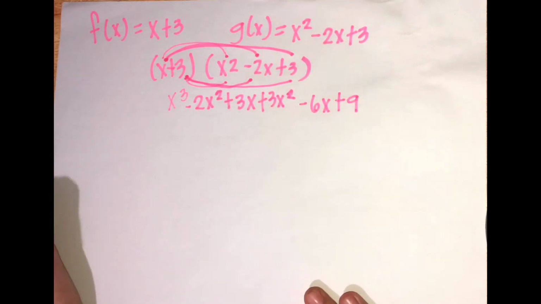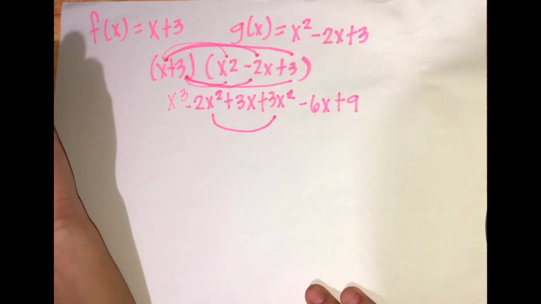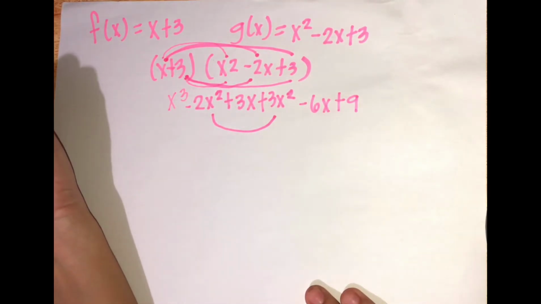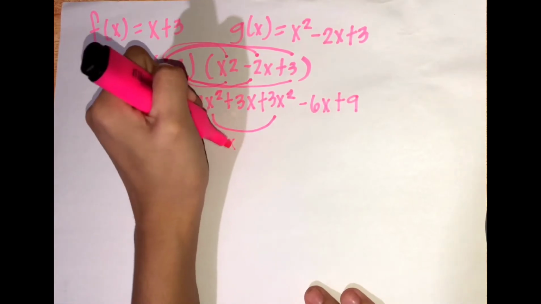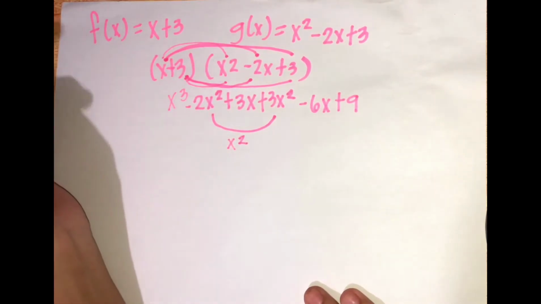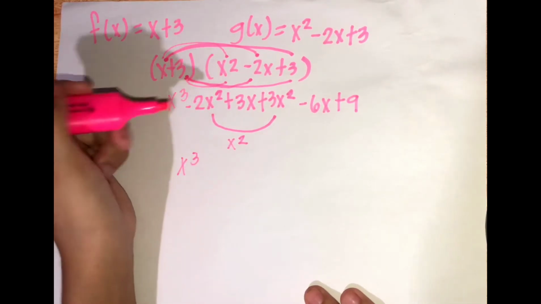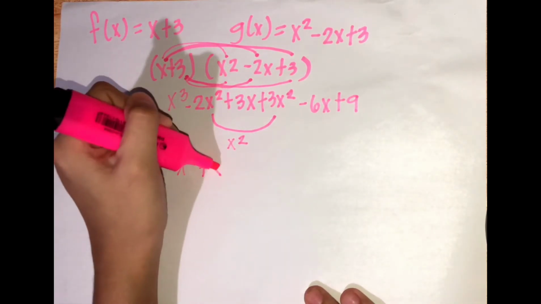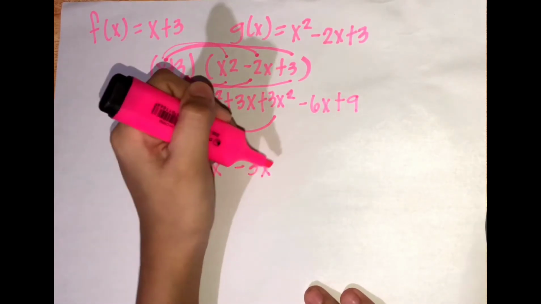Now, let's combine like terms. We have here negative 2x squared and 3x squared. Negative 2x squared plus 3x squared is x squared. So our answer for letter C is x cubed plus x squared minus 3x plus 9.